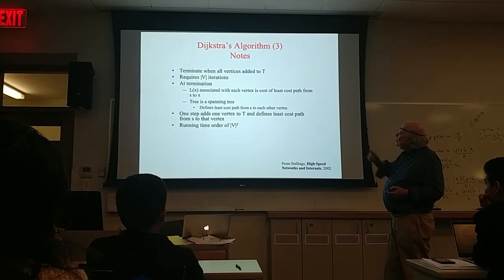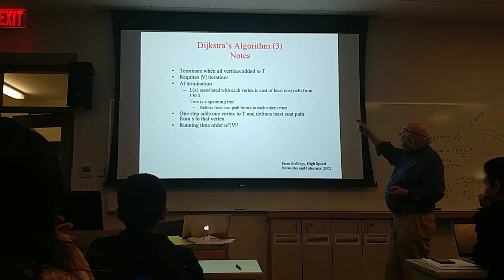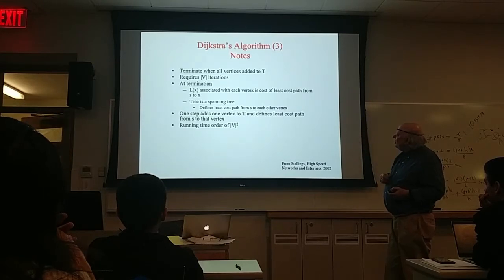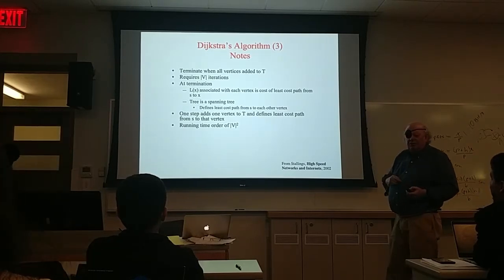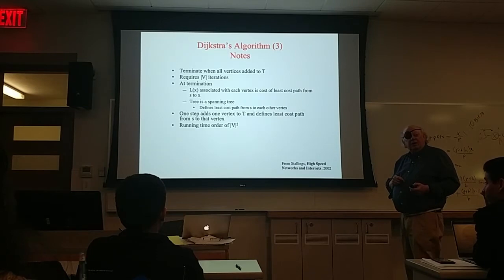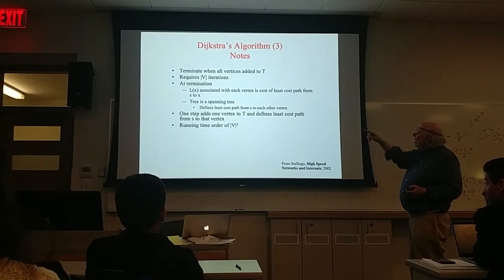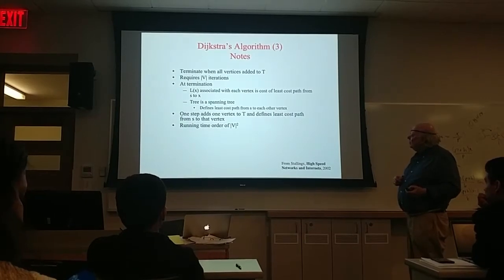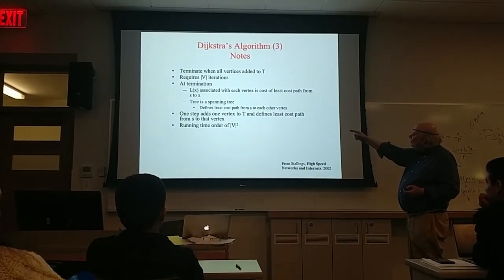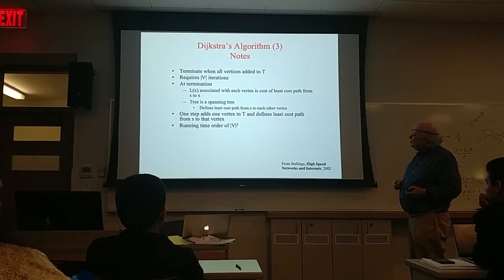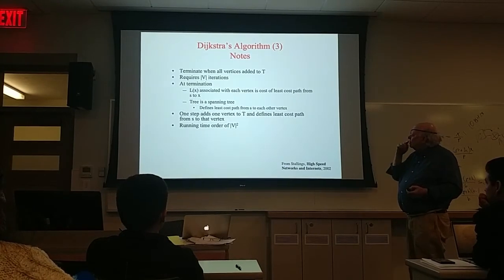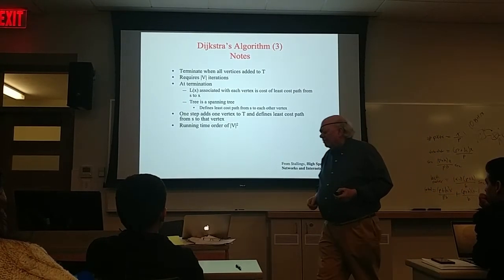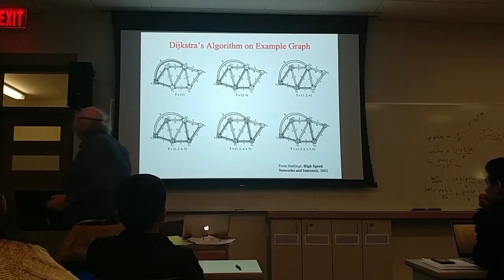At termination, L of X associated with each vertex is the cost of the least cost path from S to X. The tree is a spanning tree, it touches every node, and defines the least cost path of S to each other vertex. One step adds one vertex to T and defines the least cost path from S to that vertex. Running order is on the order of V squared. Okay.